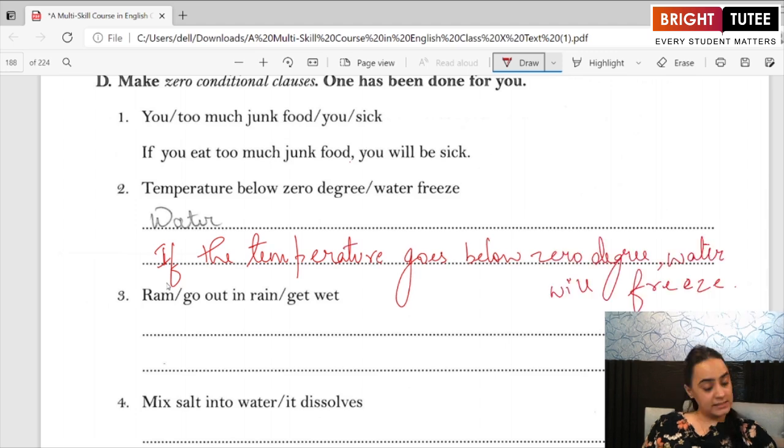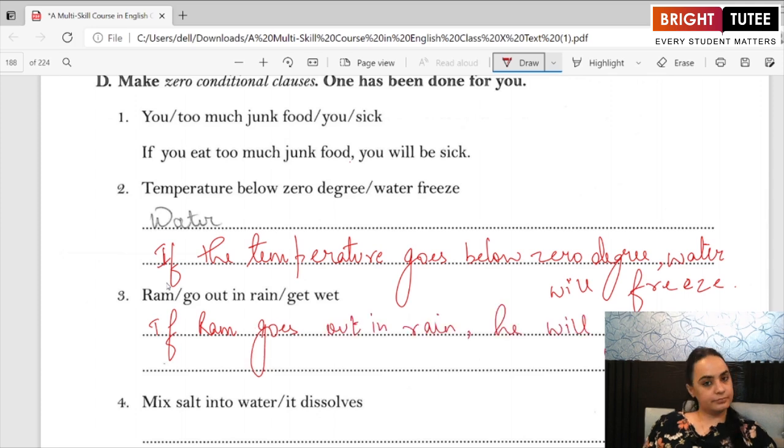Next sentence. Ram goes out in rain, gets wet. So if Ram goes out in rain, he will get wet. Yes?